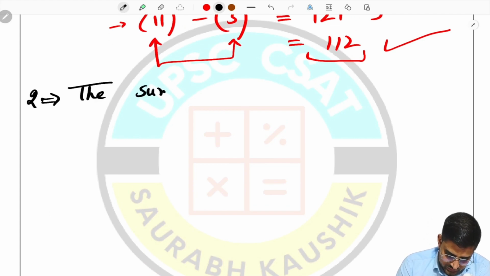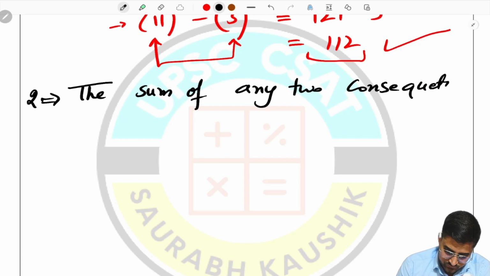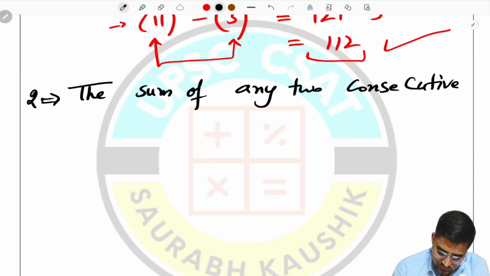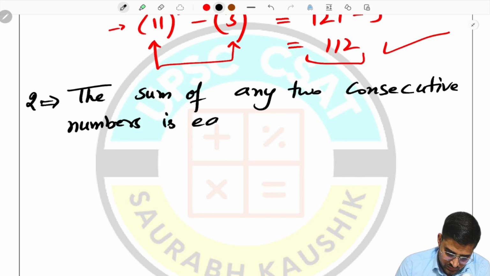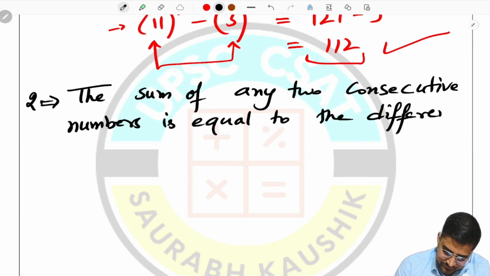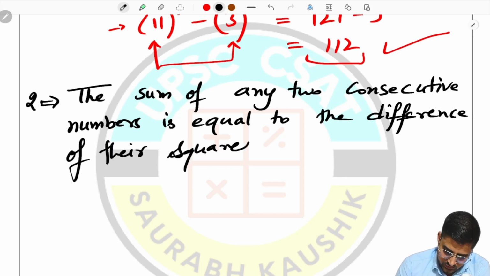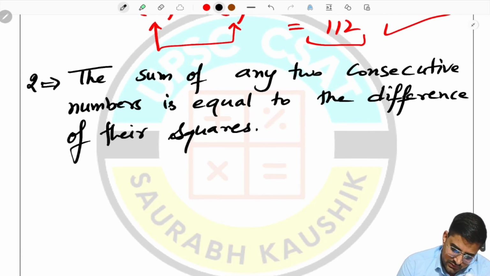The sum of any two consecutive numbers is equal to the difference of their squares. What is the spelling of consecutive? I guess I am right. Please pardon me on the spelling.